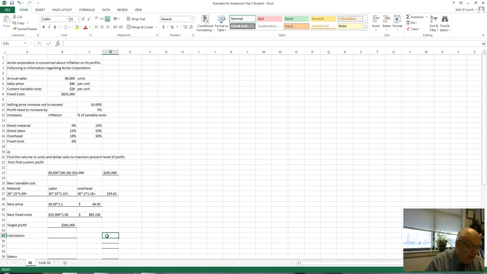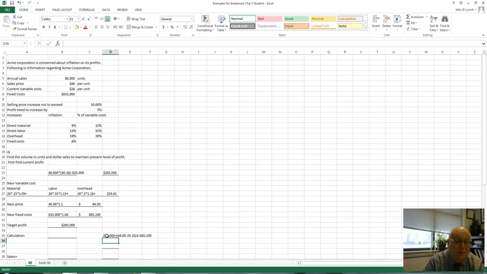So to calculate this, we would take the $285,000, and it has to equal the new price of $44 minus $29.16, which is the new contribution margin, times X, because we don't know how many units we have to sell yet, and we subtract off from that 885,100, because that's the new fixed costs.